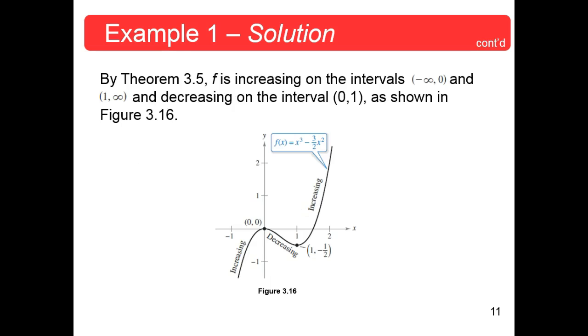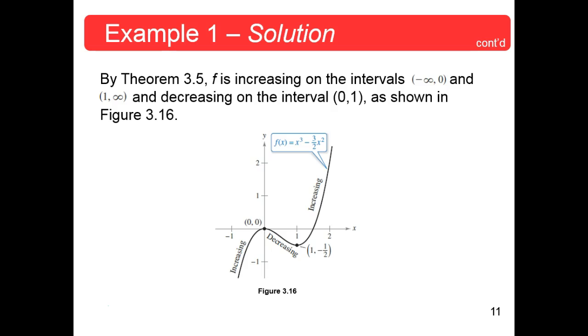Okay. So here we have a picture of it by the theorem. f is increasing on the interval from negative infinity to 0. Notice how they put a parenthesis there. And increasing again from 1 to infinity. Now remember, your intervals are always defined by your domain, the horizontal axis here.